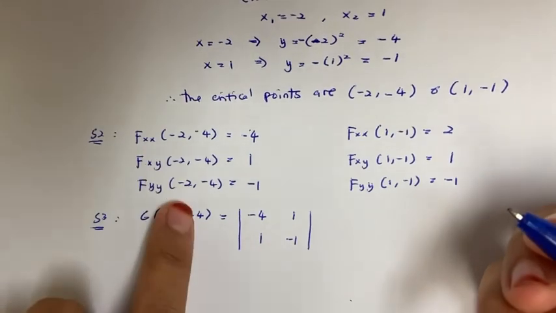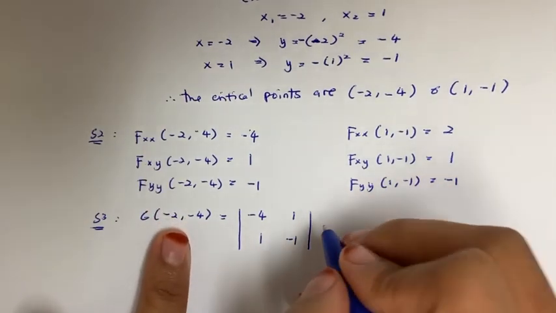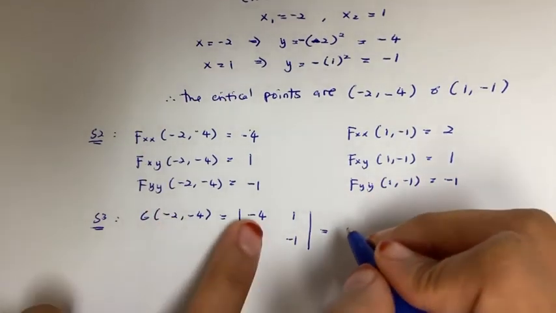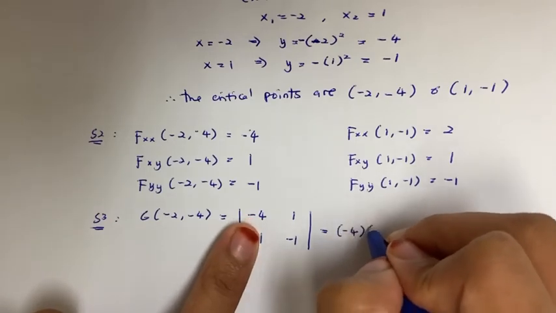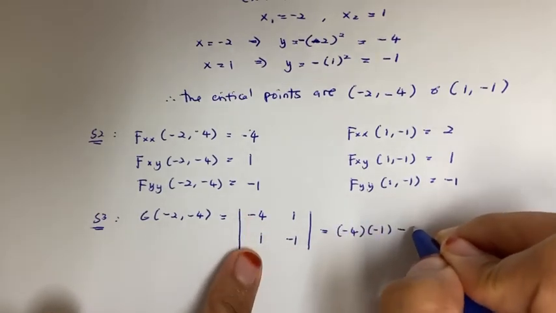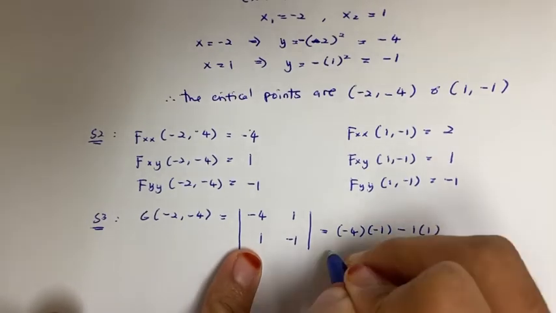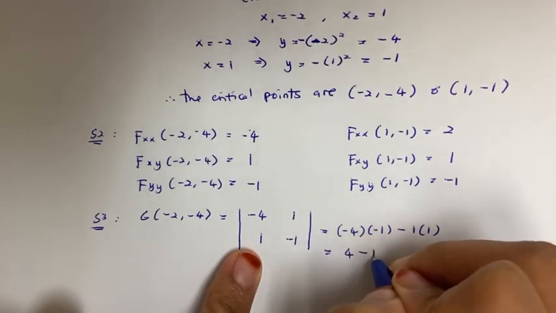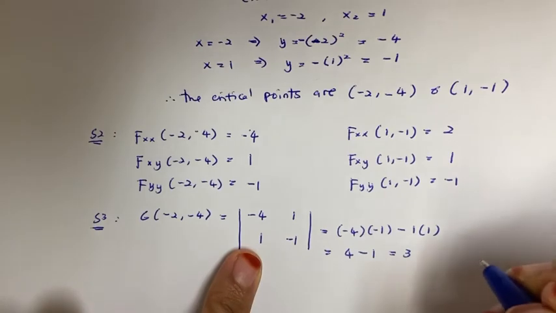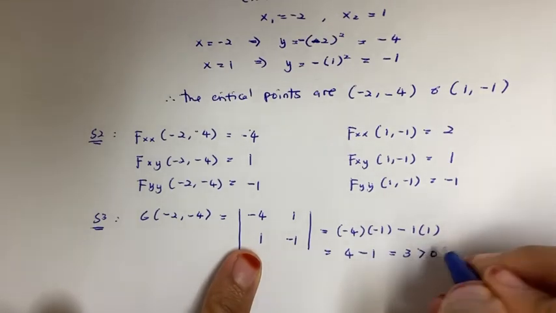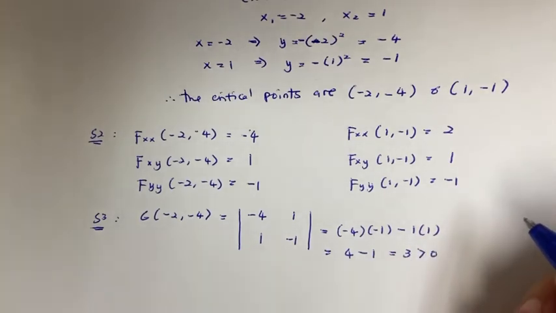So g at negative 2, negative 4 is equal to minus 4 multiplied by minus 1, minus 1 multiplied by 1. So this is 4 minus 1, equal to 3. 3 is greater than 0 for the first critical point.